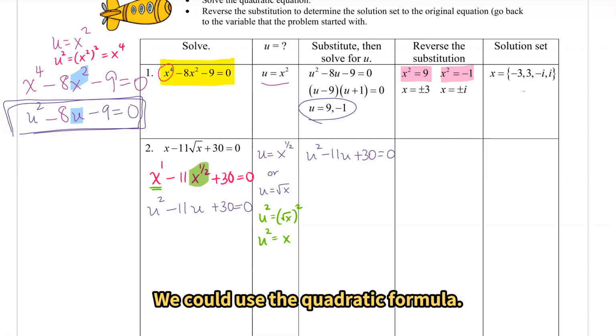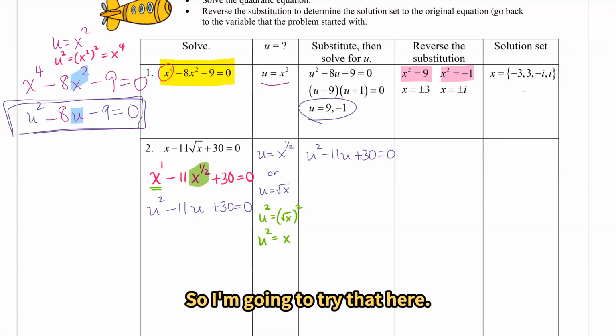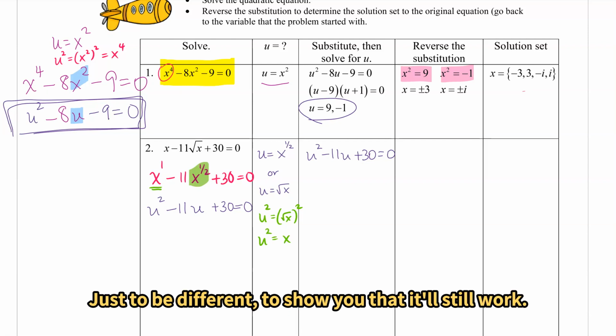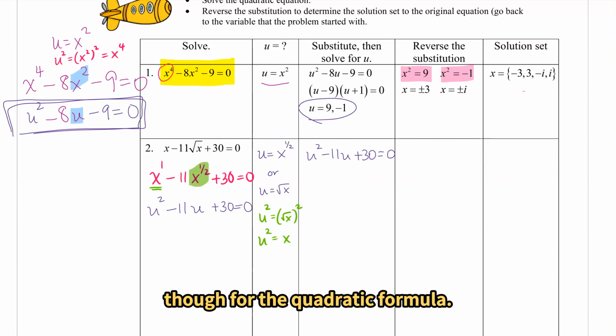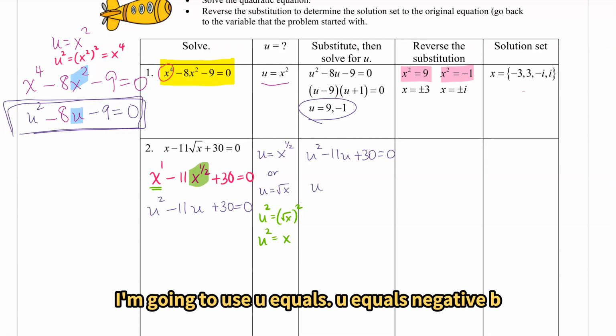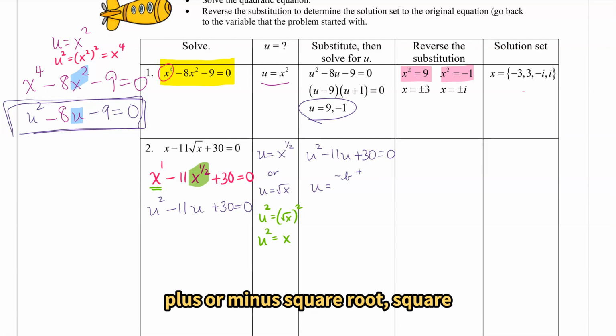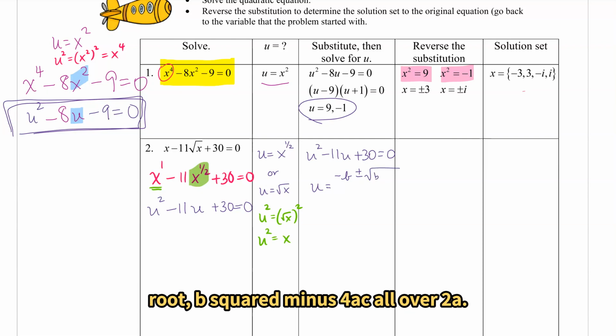We could use the quadratic formula, so I'm going to try that here just to be different, to show you that it'll still work. Instead of x equals, though, for the quadratic formula, I'm going to use u equals negative b plus or minus square root b squared minus 4ac all over 2a.